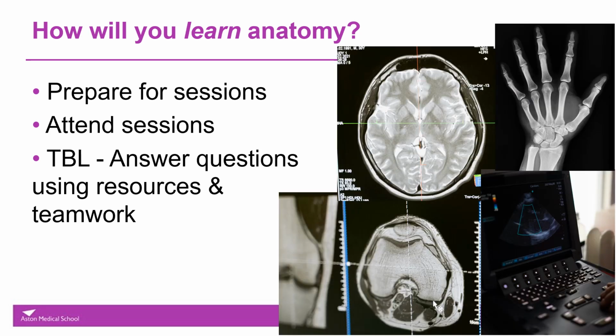One way of visualizing structures that are inside the body is to use clinical imaging. So many of you would have had x-rays, for example, an x-ray of your chest or of a bone to see if it's broken or fractured. We introduce clinical imaging to you from the beginning of your anatomy course. In your worksheets and tutorials and lectures, you will see images similar to the ones shown here, taken using x-rays, like the one at the top right-hand corner. That's an x-ray of a hand, or CT scans, or MRI scans, or nuclear medicine studies.